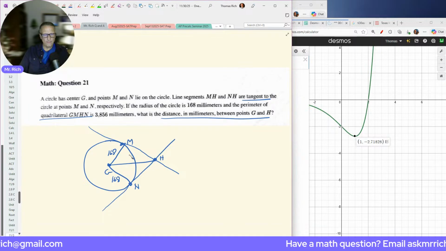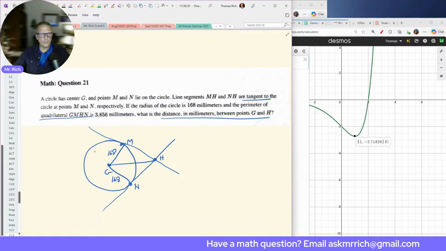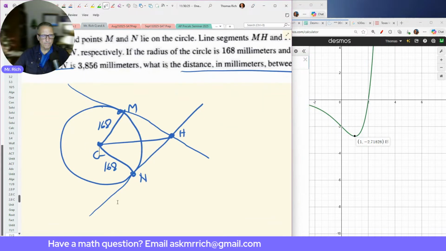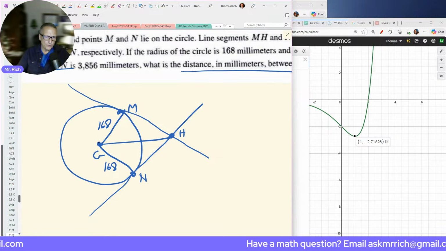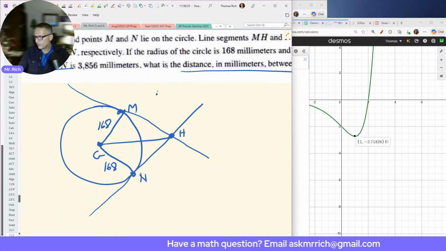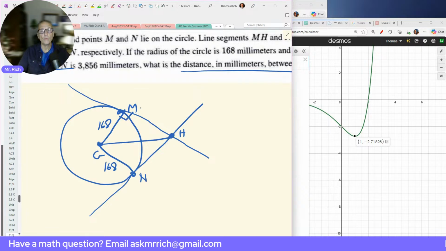Well, that's what we're trying to find. The secret to this problem is back in geometry, we told you that if you have a point of tangency on a circle, where there's a tangent line that hits the circle at that one point, and you draw a radius out to that point of tangency, you will make a right angle between the radius and that line of tangency right there.